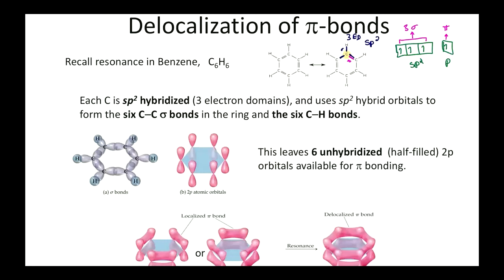What I want you to think about and inspect here is that we have electrons in unhybridized p orbitals on each carbon. And that's what this B picture is trying to show. Each carbon atom in the hexagon has this p orbital that's perpendicular to the internuclear plane here. All of those p orbitals have unpaired electrons in them, like this.